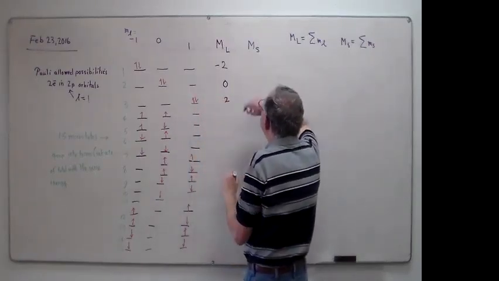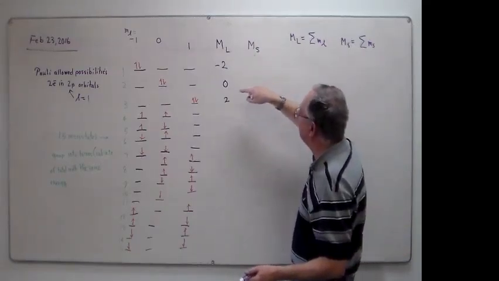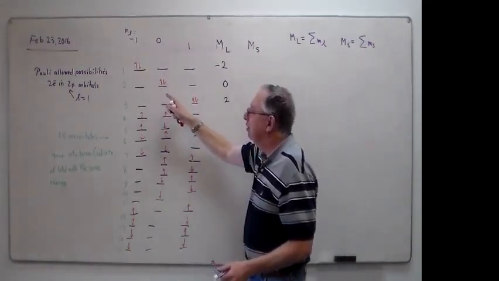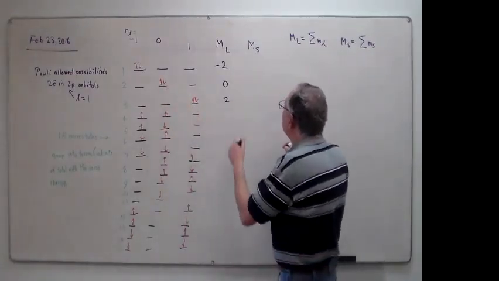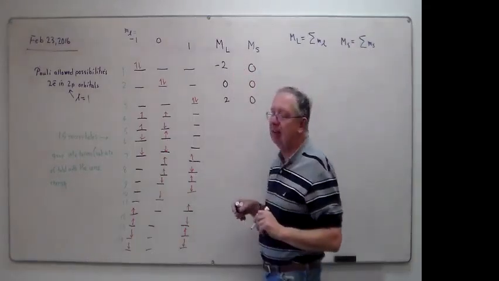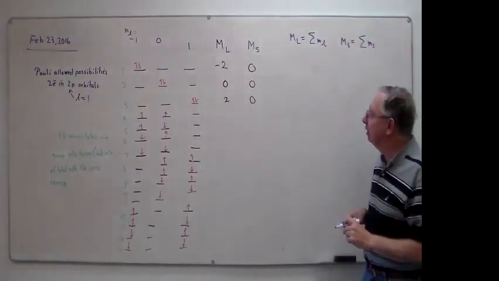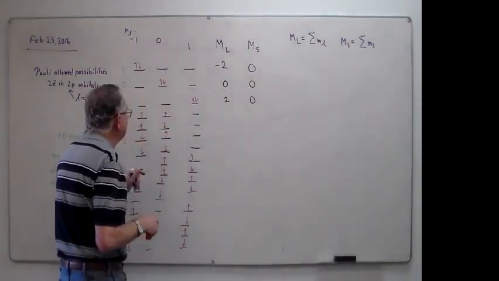Now, do me the m sub s value. M sub s, you look at the arrows. Spin, so what did they just even out? 0, 0, 0? Yeah, 0, 0, because all those spins are paired, right? Okay. Now, we're going to have you do 4, 5, and 6.